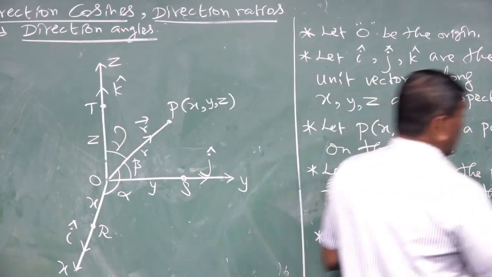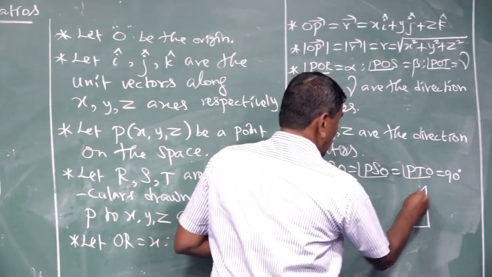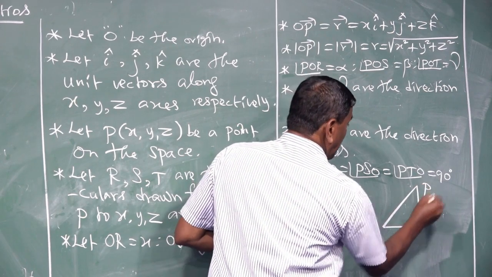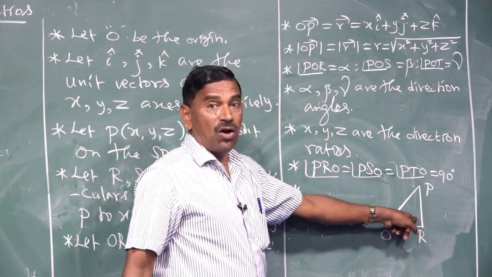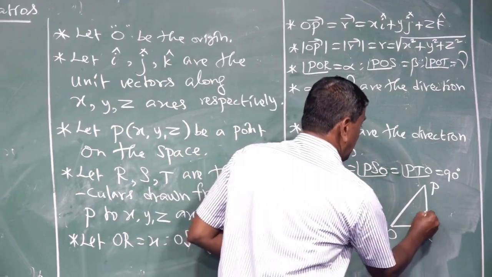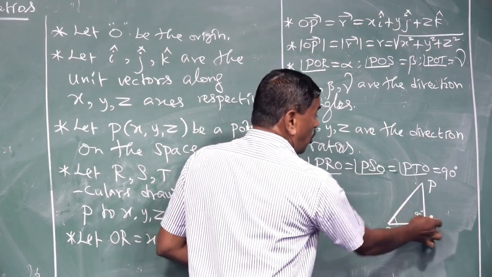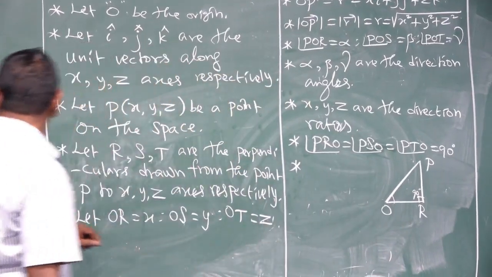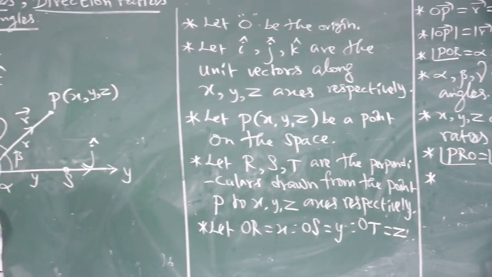Let us consider the triangle POR, which is a right-angled triangle. Can you tell me the measurement of angle R? Very good, the measurement of angle R is equal to 90 degrees. The measurement of angle POR is equal to alpha.